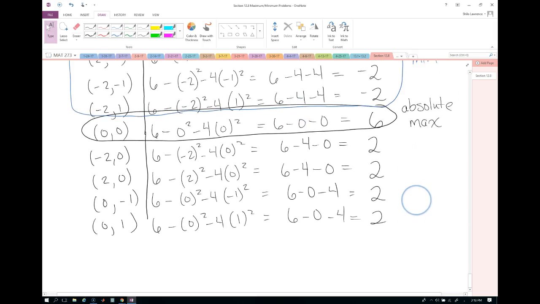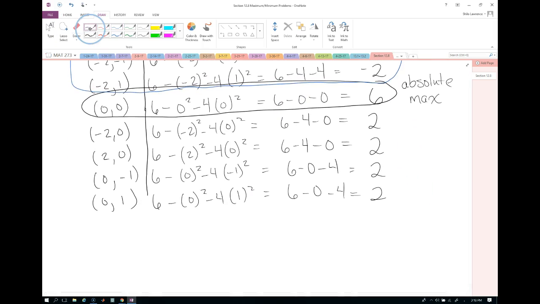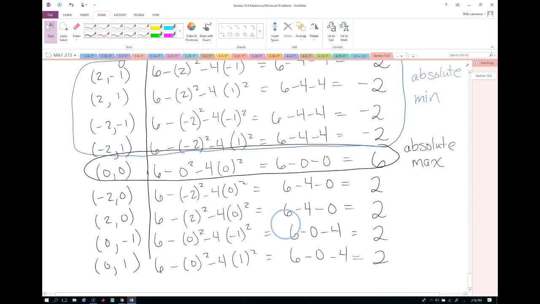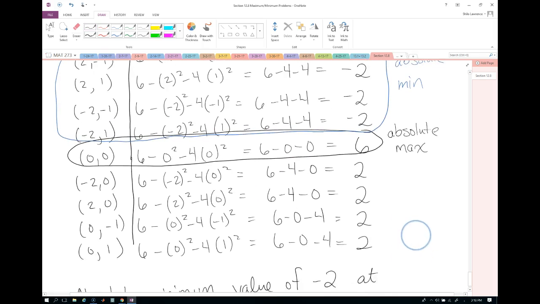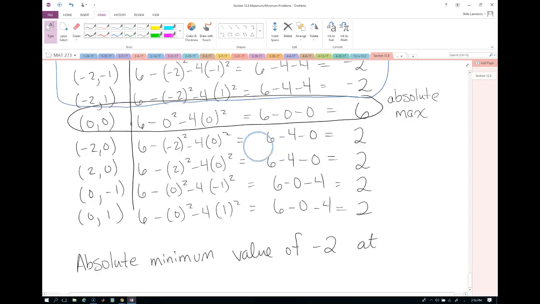So if we want to write this out in a nice test type answer, we would say we have an absolute minimum value of -2 at the points, and it was our corners.